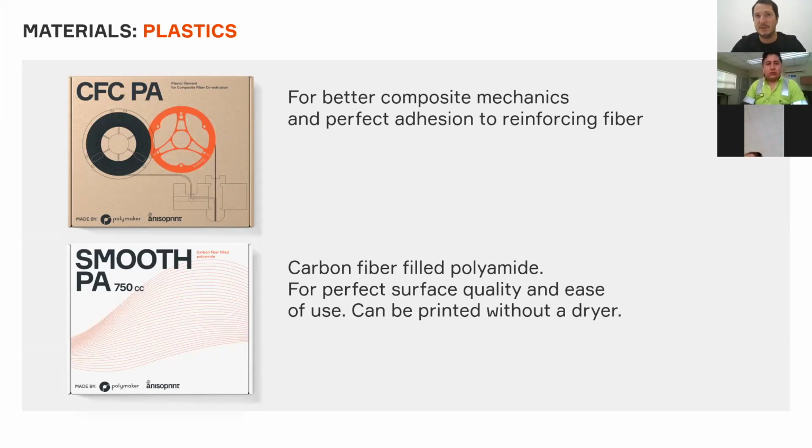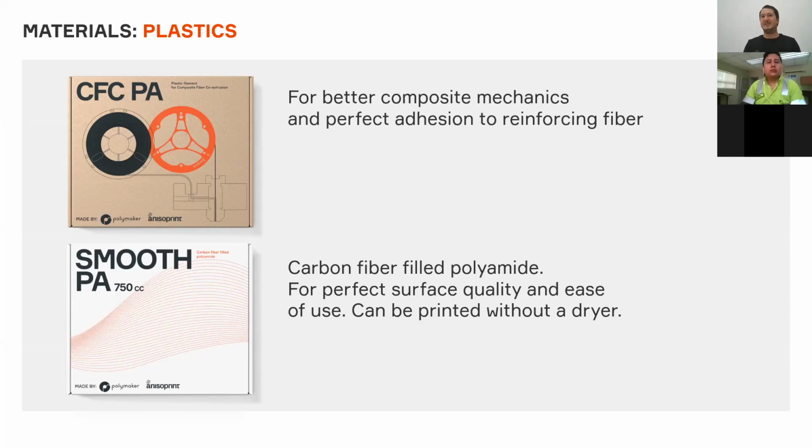These 2 materials were specially developed for us by our long-term partner, Polymaker, a well-known expert in 3D printing materials for FDM. So these materials are white labeled, especially, and co-branded for us by Polymaker.